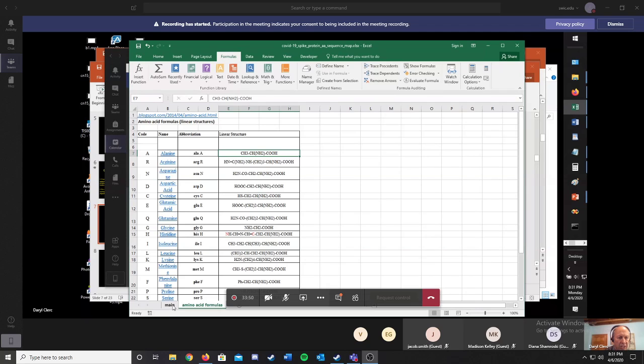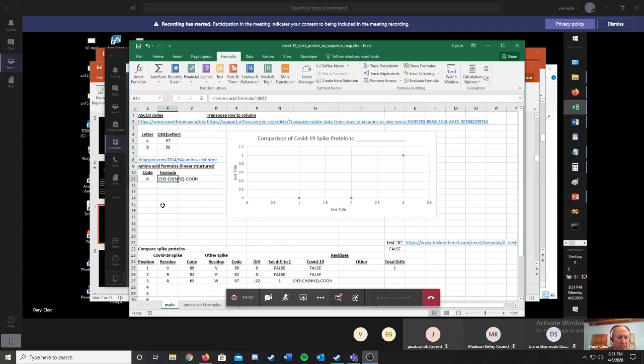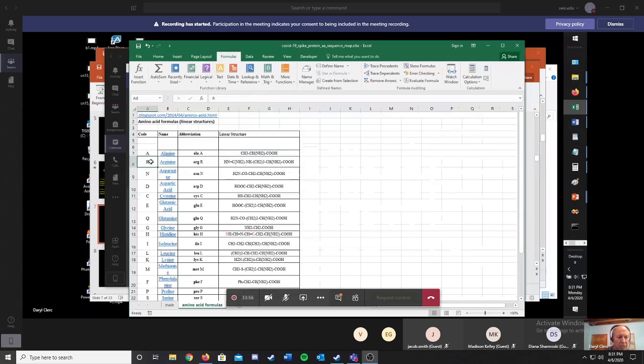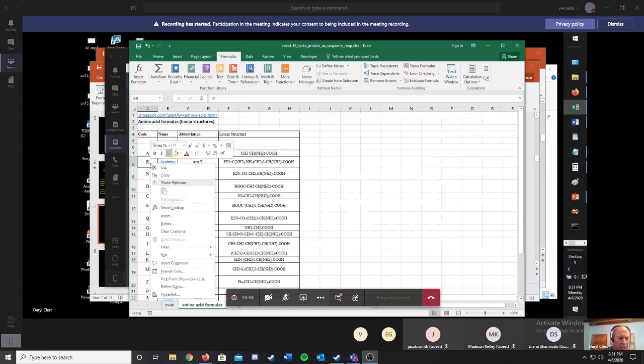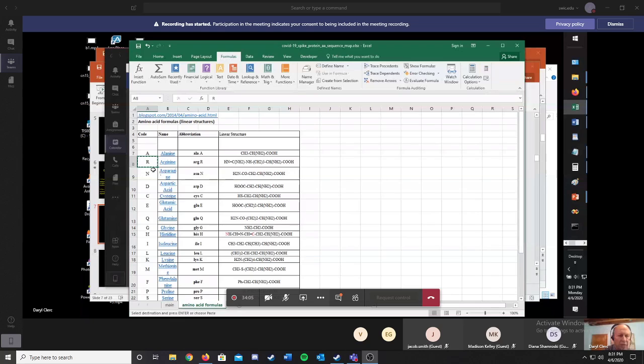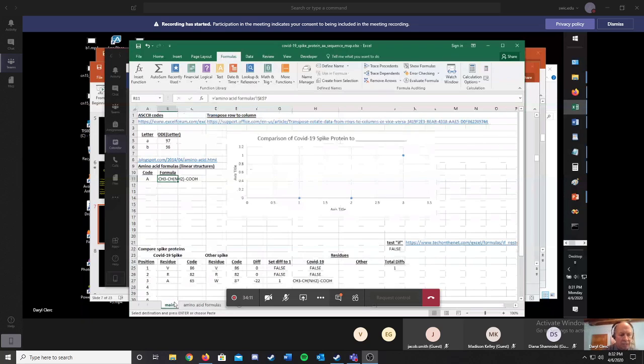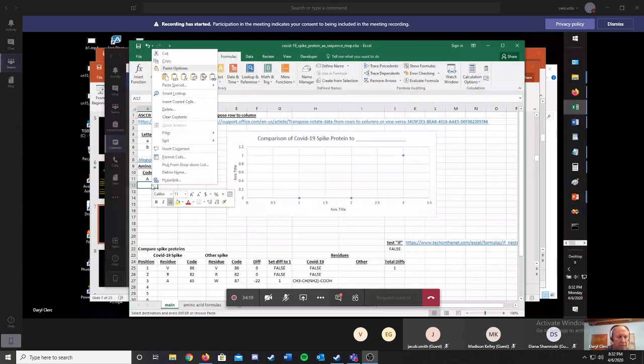So let's do the next one. The next one is R. So how do we paste it over there? Well, we copy. When we copy it, it has this moving dashed line around it. We go back over here, click the target cell, and then right click, say paste special, and tell it to paste a link.